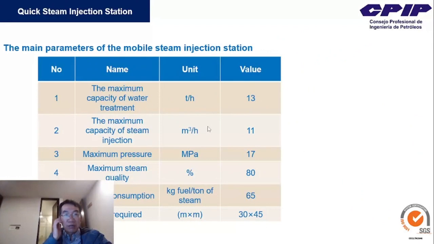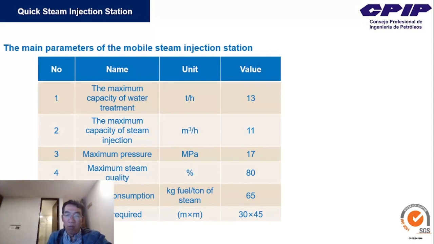The main parameters of the mobile steam injection station. The first one is the maximum capacity of water treatment. This value is 13. The second one is the maximum capacity of steam injection. The value is 11. The third one is maximum pressure.